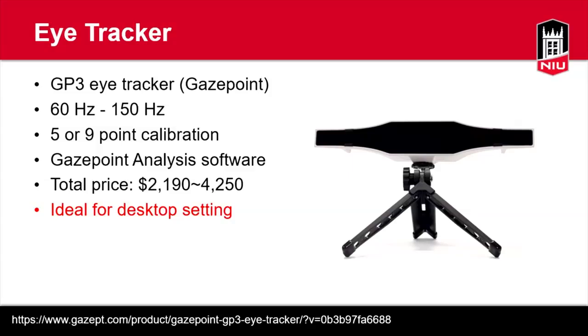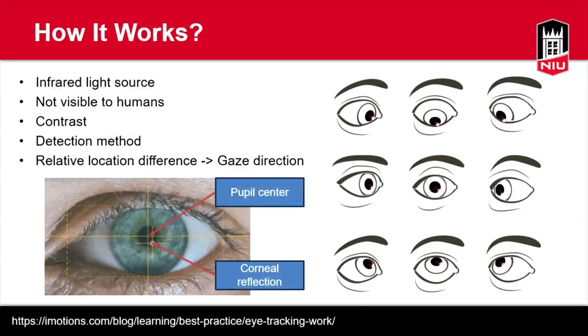This is ideal for a desktop setting, which means children or adults are looking at a computer monitor. If we want to capture eye tracking in real-time surroundings, then eye tracking goggles might be a better choice. How it works inside is pretty simple. They emit an infrared light source.